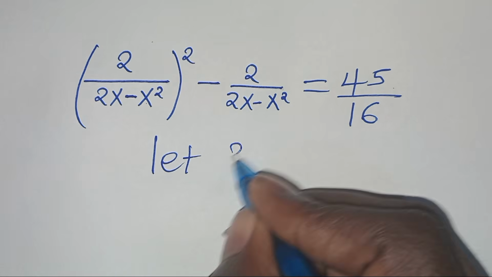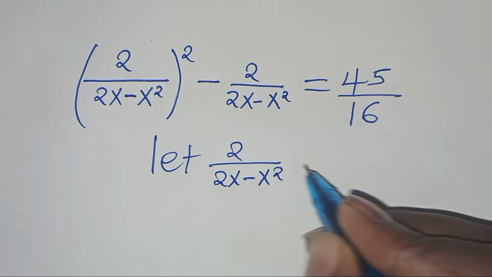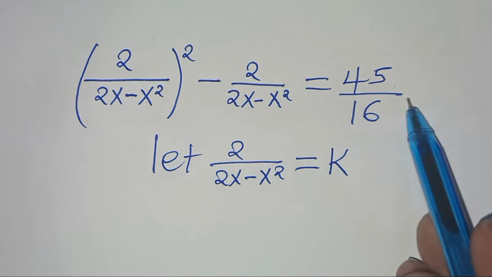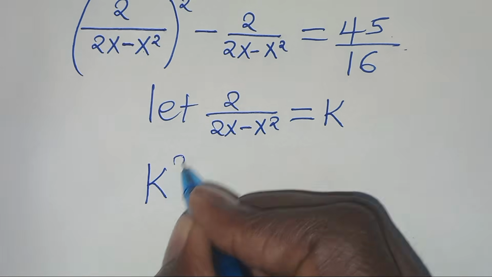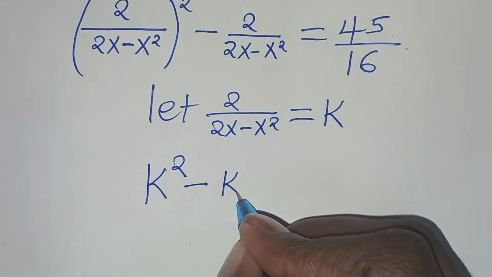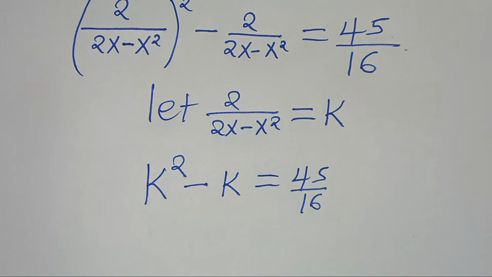Okay, now we have 2 over (2x minus x squared) is common here, so we can let 2 over (2x minus x squared) be equal to k. So let's express this equation in terms of k, so that now this is k squared minus k, equal to 45 over 16.